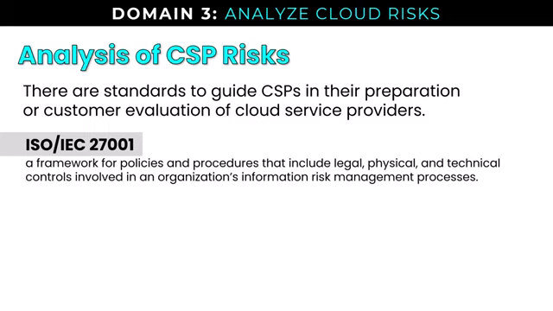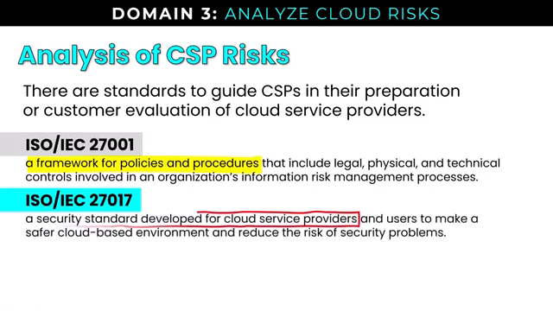ISO IEC 27001 is a framework for policies and procedures that include legal, physical, and technical controls involved in an organization's risk management processes. But the focus is on policies and procedures. Then we have ISO IEC 27017, which is a standard developed for cloud service providers and users to make a safer cloud-based environment and reduce the risk of security problems.